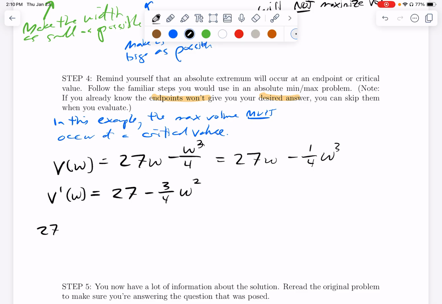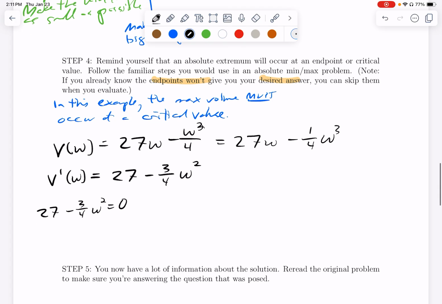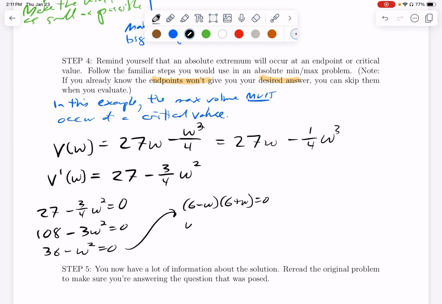So if we set this equal to 0, let's multiply everything by 4. Let's divide everything by 3. And so this factors. So we would have W equals 6, W equals -6.